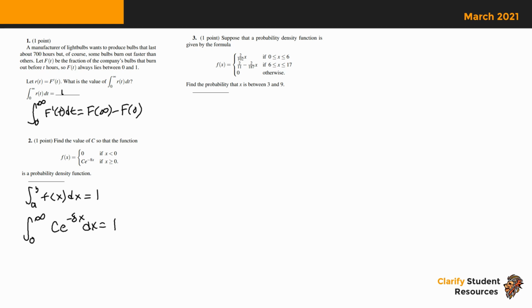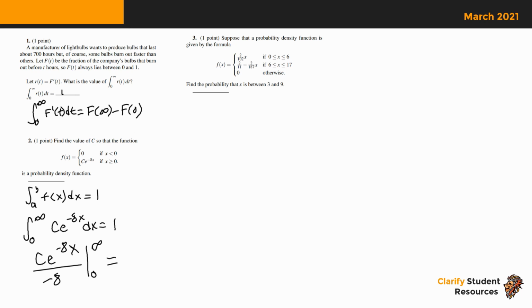So if we do some integration here, we're going to get c e to the negative 8x over 8, and that's going to be negative as well. And we know that this is going to be from 0 to infinity.